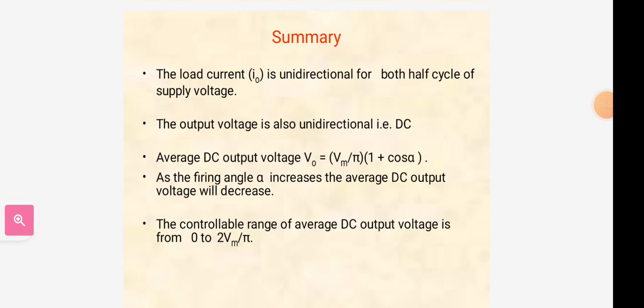The output voltage is also unidirectional, that is DC. The average DC output voltage V0 is equal to Vm by pi into 1 plus cos alpha. As the firing angle alpha increases, the average DC output voltage decreases. The controllable range of average DC output voltage is from 0 to 2 Vm by pi.